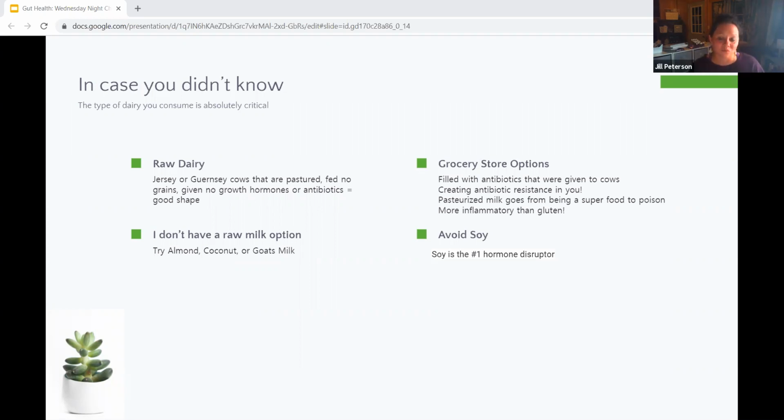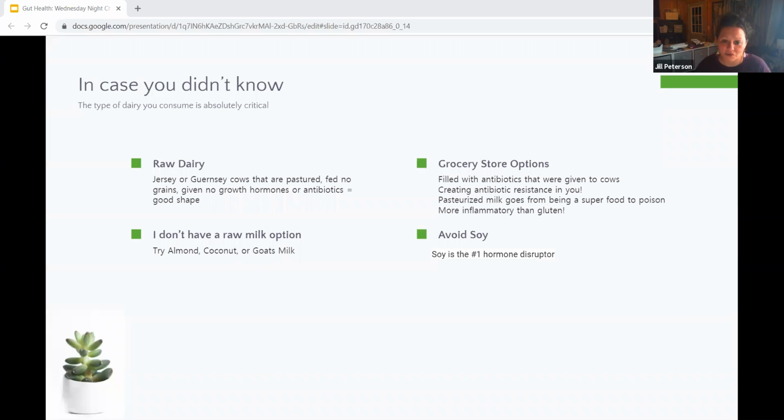So if the dairy is raw, and this is harder to find, I should say, and I would also suggest Jersey or Guernsey cows, which are not pasteurized, not fed any grain, not given growth hormones, not given antibiotics, then you're in good shape.